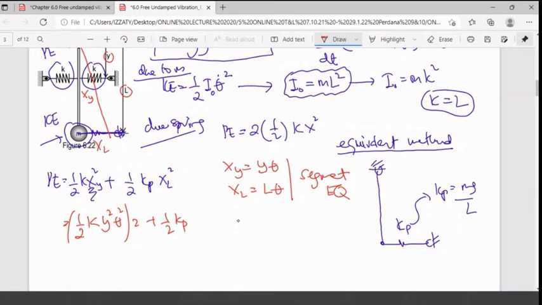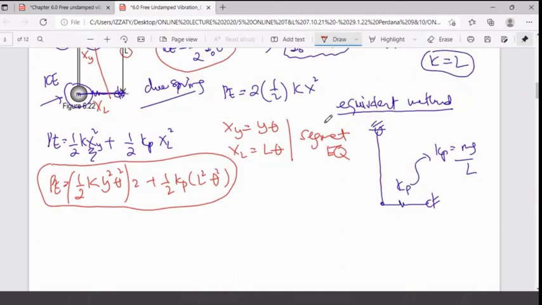And this Kp is basically L power of 2, theta power of 2. So this is the energy now. The other energy is coming from the PE.